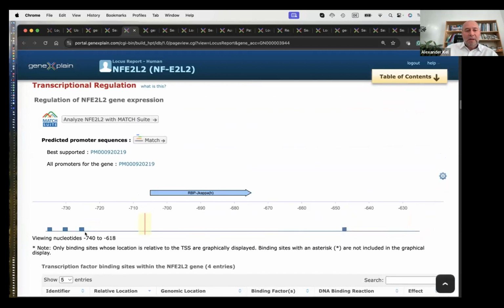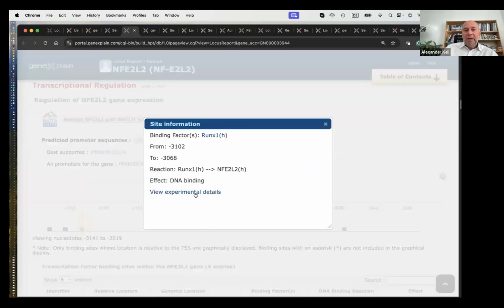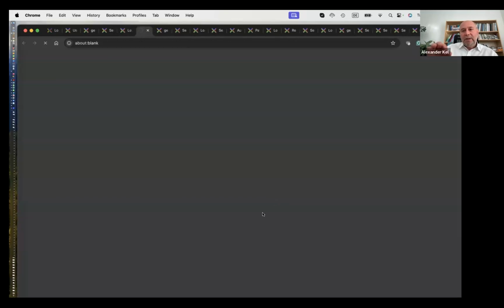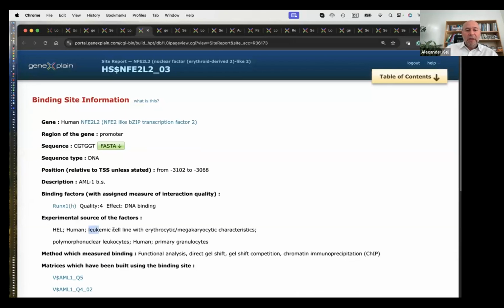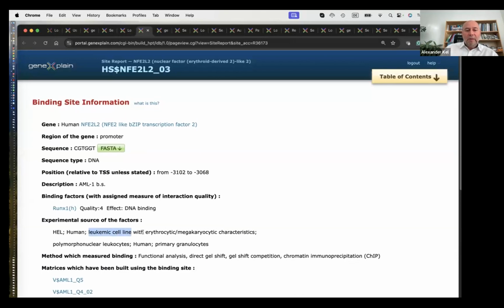We have different sites, and each site was detected in a particular experiment. For instance, this is a RunX1 binding site in this very distal region regulating this gene. If you look at more detailed information about this particular binding of that factor, you can see that it was done in a leukemia cell line with erythroid megakaryotic characteristics.